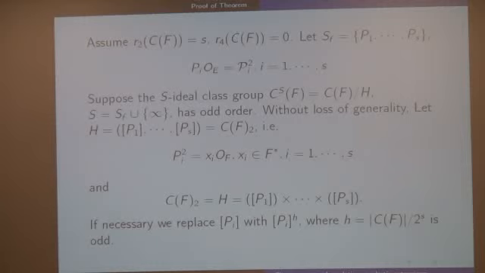PI is the ideal class group. P1 is the F ideal class, P1 is the E ideal. This is the relation.